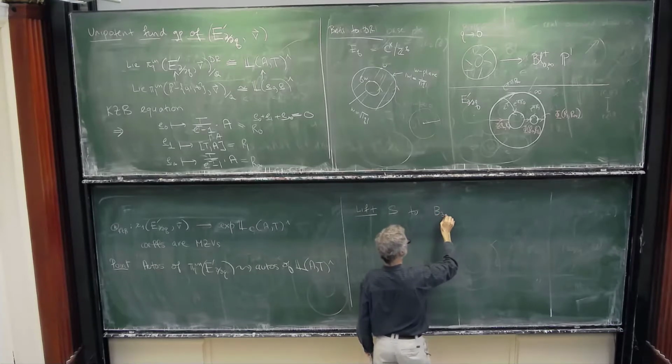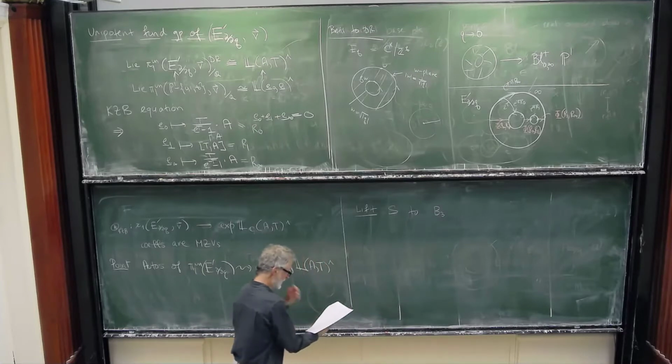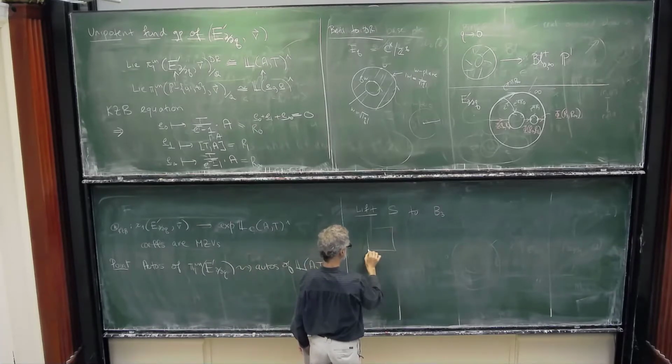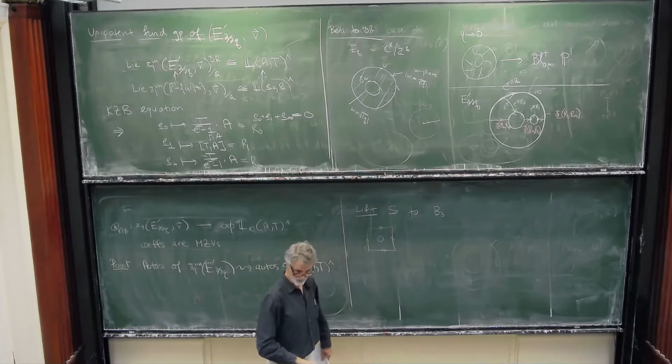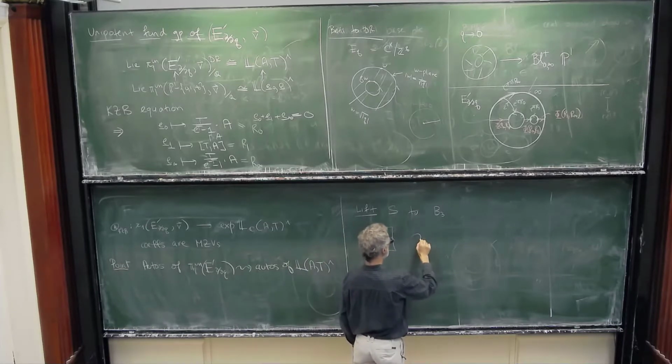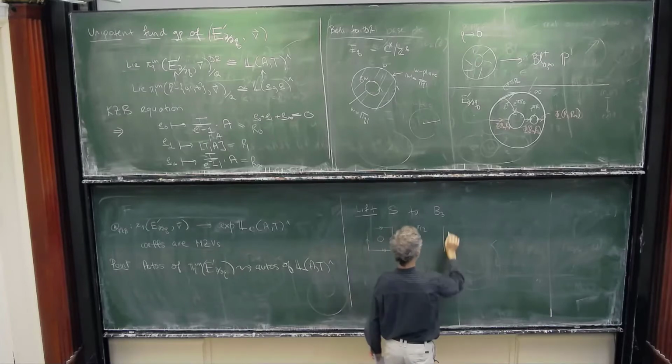B3. There's various ways to explain this, but let me just explain it this way. I can think of my elliptic curve like this, a square with sides identified, and the identity's in the middle. I rotate by pi over 2, and I get this guy here.